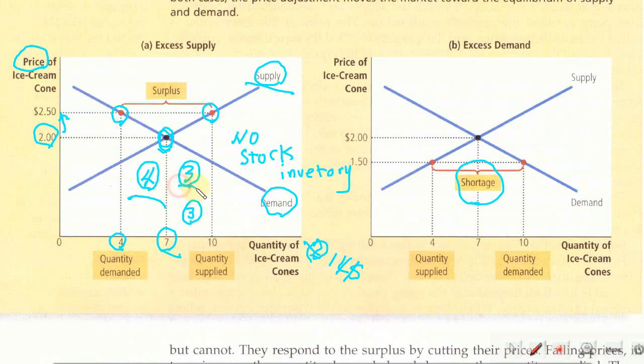This is the unsold, unpurchased ice cream number. So in total how many? We have 6. I'm sorry, here is 3, not 4. 3. So sorry.